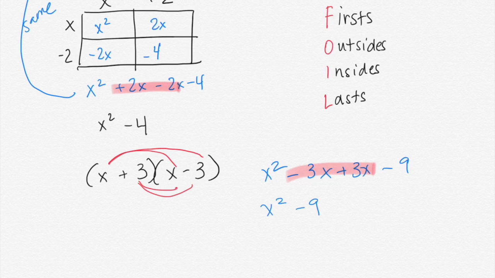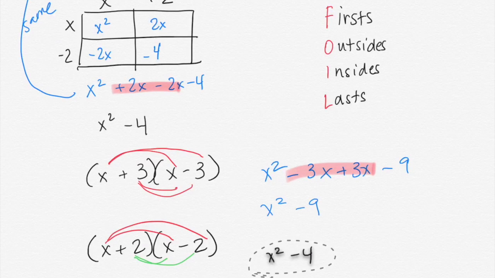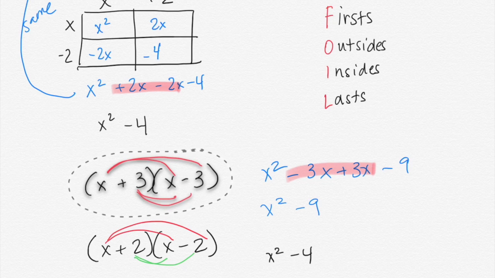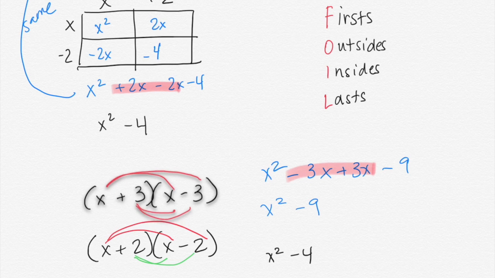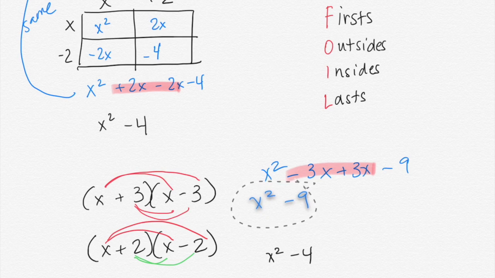Now, I want to bring back the problem that we did before this one, which was x plus 2, x minus 2. And our answer that we had was x squared minus 4. I want you to see some similarities between x plus 3, x minus 3 and x plus 2, x minus 2. Do you see some similarities between these two and the answers that we got when we multiplied them?